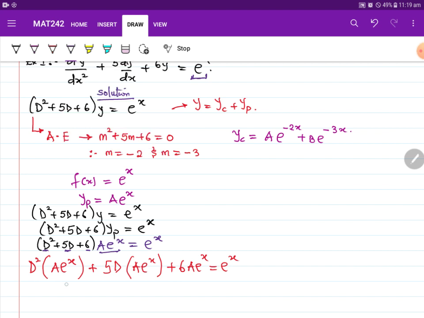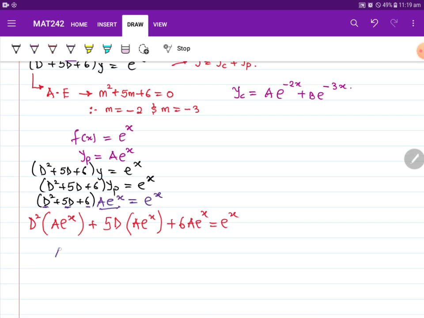If I differentiate a exponential x twice, it is still a exponential x. If you differentiate a exponential x once, it is the same thing, but there's 5 multiplying it. So that will give us a exponential x plus 5a exponential x plus 6a exponential x is equal to exponential x. If I add it up, that's 12a exponential x is equal to exponential x.